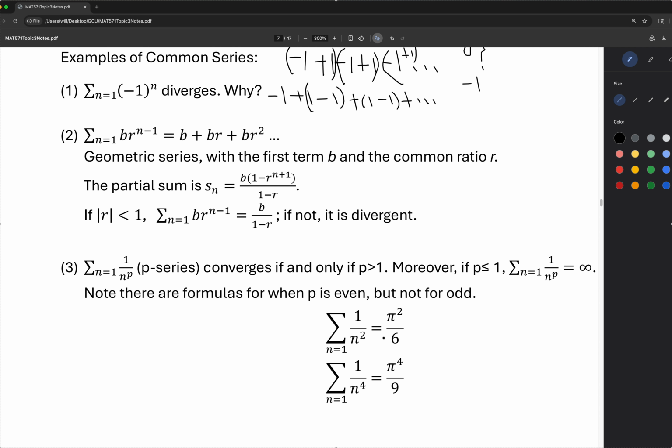You can do an internet search, or ask an AI, to find a formula for something like 1 over n cubed. It's kind of an interesting thing. But for our purpose, we don't really need to know the actual sum. We are just looking for the convergence or divergence of the series. Okay, two common types of series: geometric series and p series.